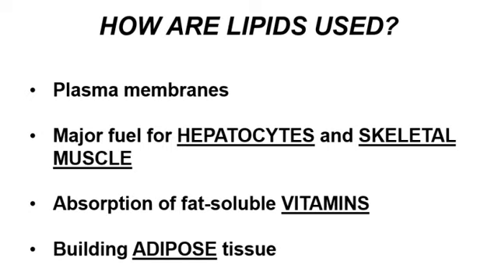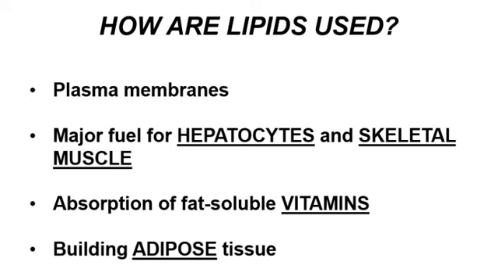They can serve as a major fuel source for the hepatocytes, that is the liver cells that function to cleanse and process the blood that is coming from the digestive system, as well as the skeletal muscle cells, which can also utilize lipids as an energy source.